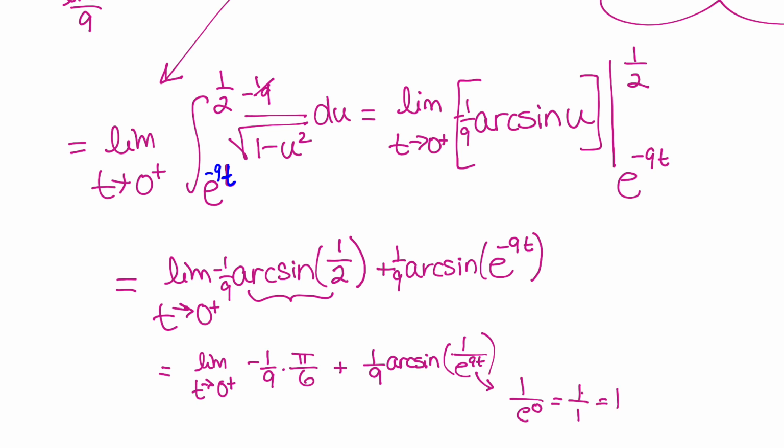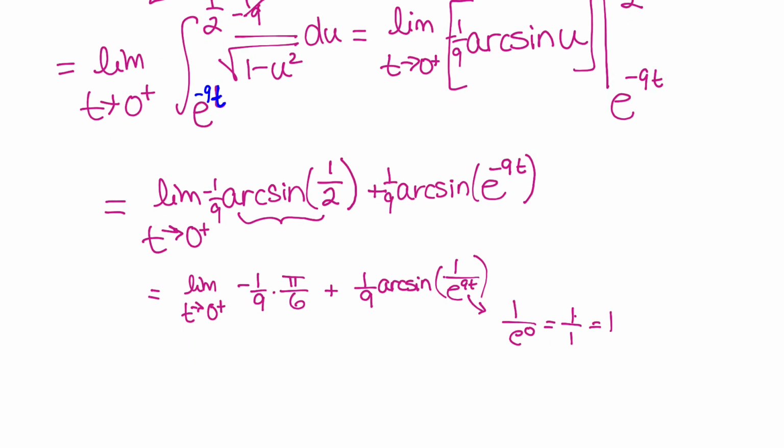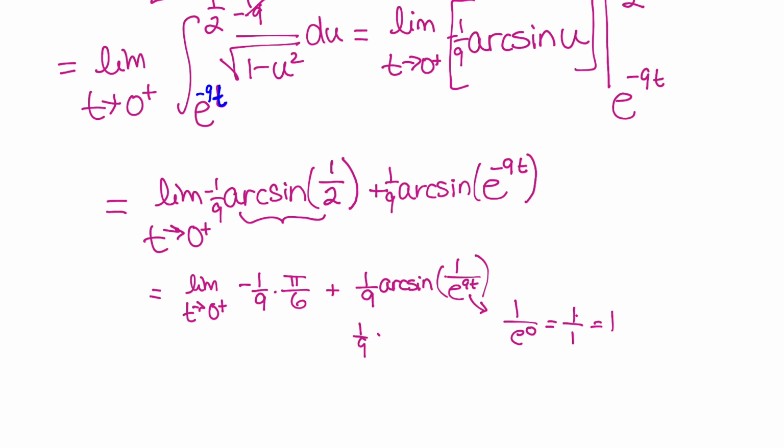At what angle do I have sine being 1? So I have negative pi over 54 plus the arc sine of 1, which is pi over 2, right? Sine is 1 at pi over 2.